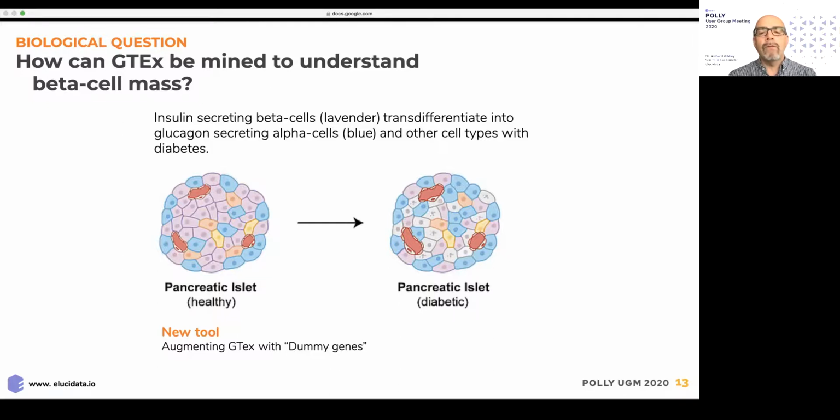And each of these two tissues have independent genes that are good markers for them. So for the beta cell, insulin's a great marker gene, and for the alpha cell, glucagon is.